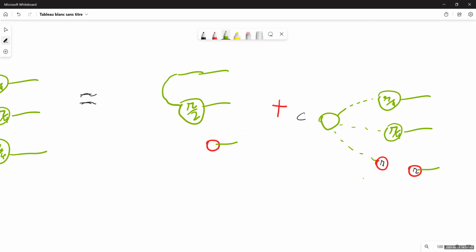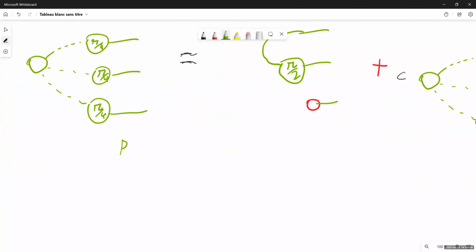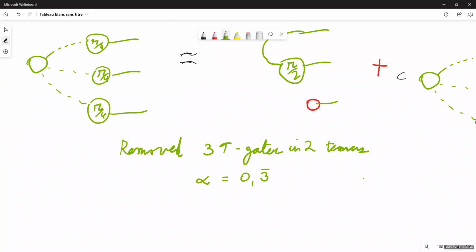And the same thing happened on the other term. So effectively, we remove 3 T-gates for two terms, which is better, because this is an alpha of 0.3 or so.